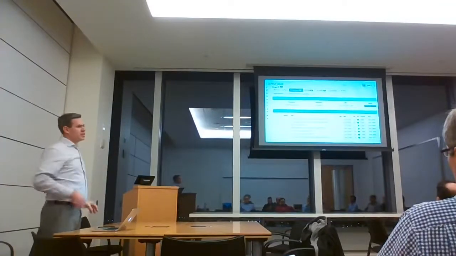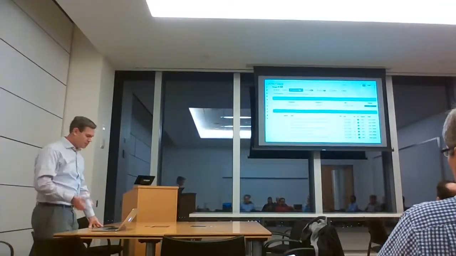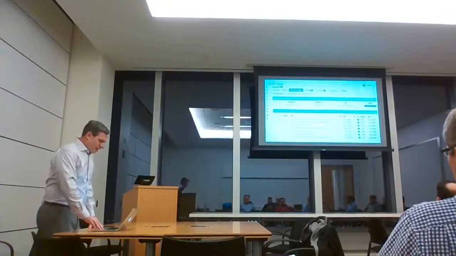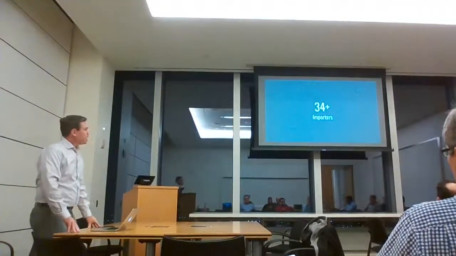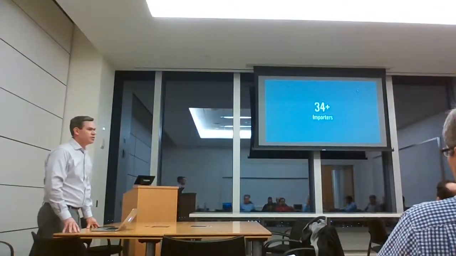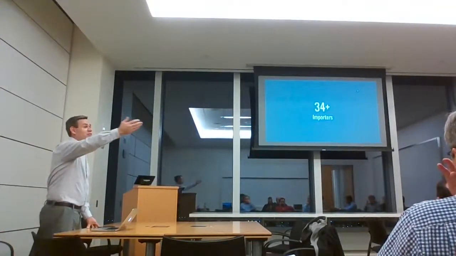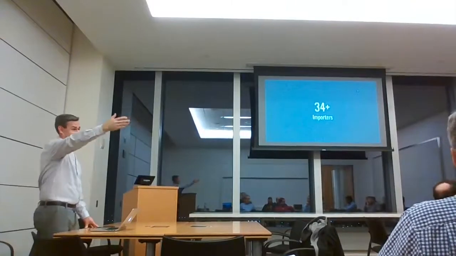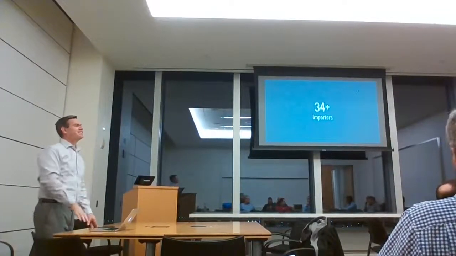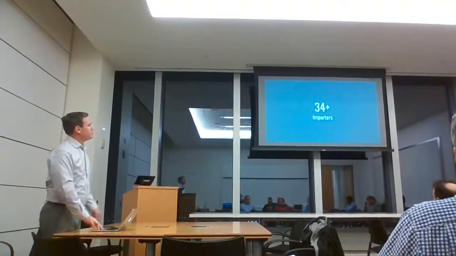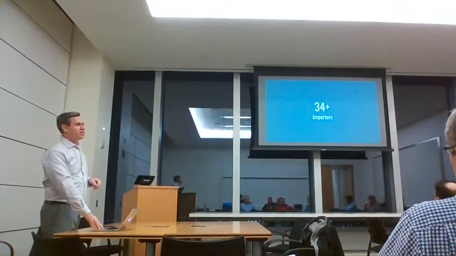It really just consolidates everything into one place. That's what this does. We have over 34 importers, like Acunetix and Fortify. We just did Fortify, and the way that came in was pretty neat, actually.